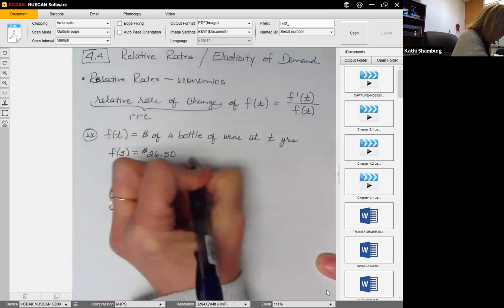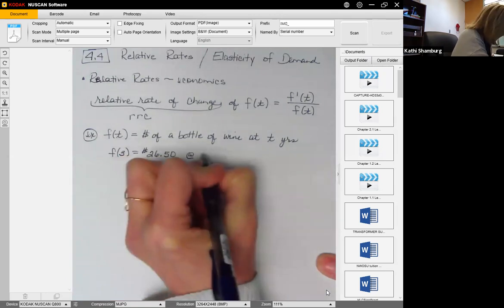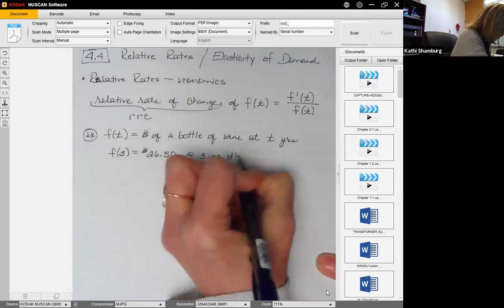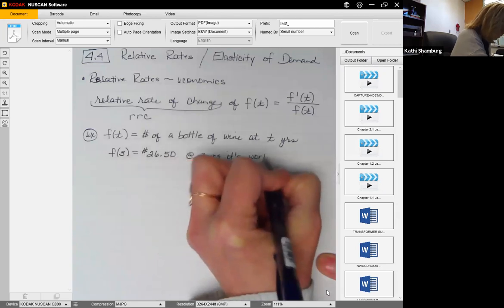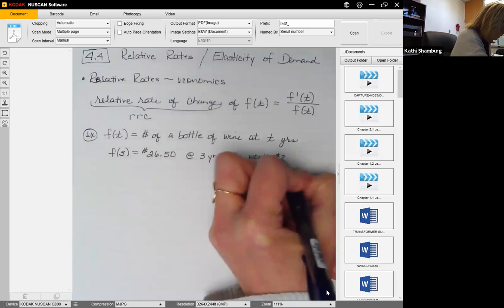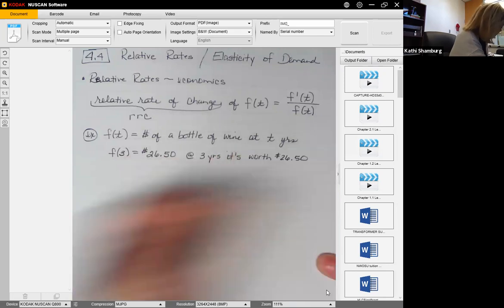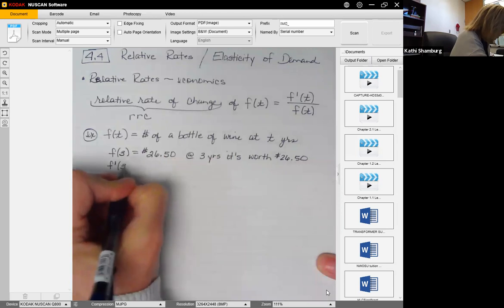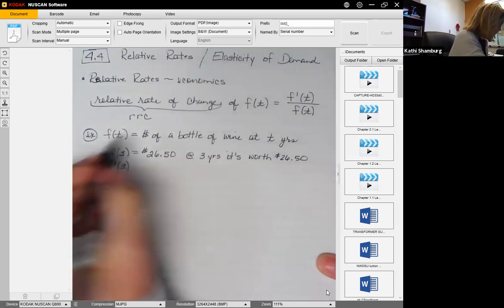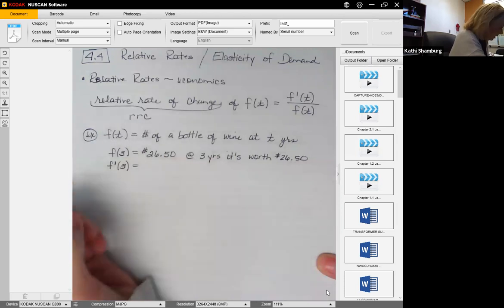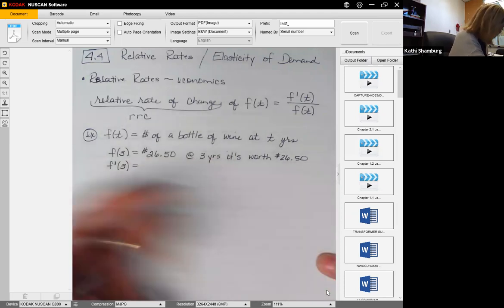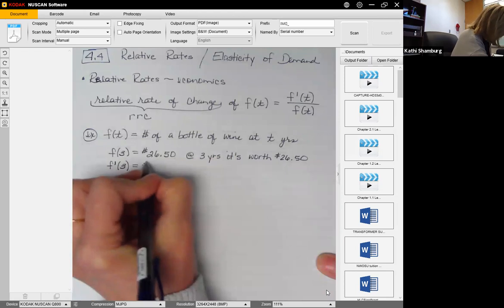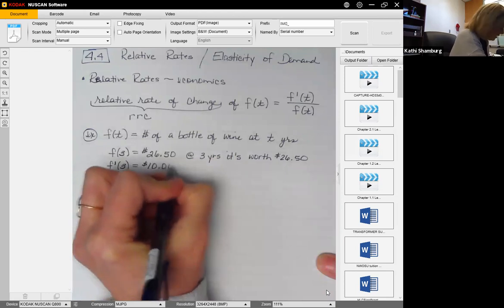So this represents, at 3 years, the bottle of wine is worth $26.50. And I'm going to give you the derivative, basically, not the relative rate of change, just the rate of change, the derivative at 3. And that is going to be given as $10.